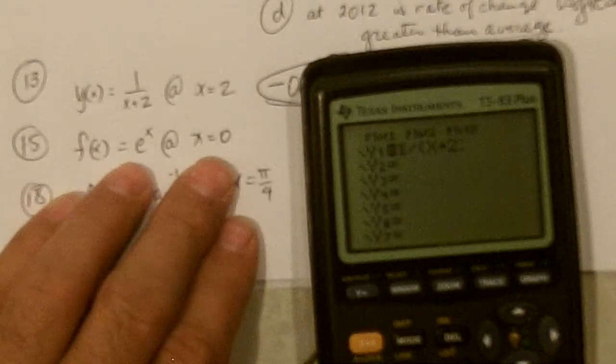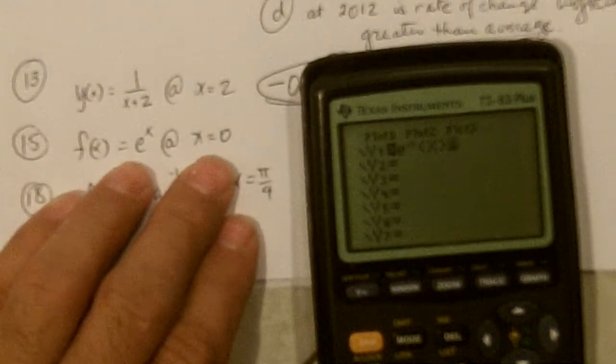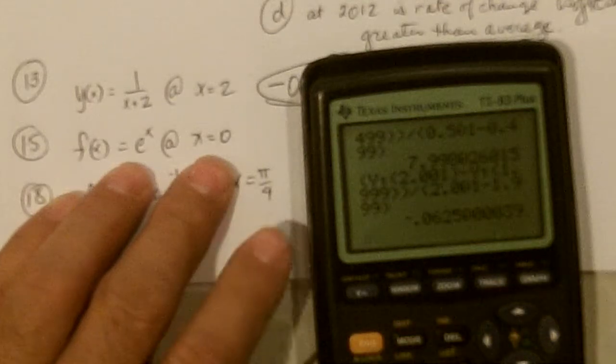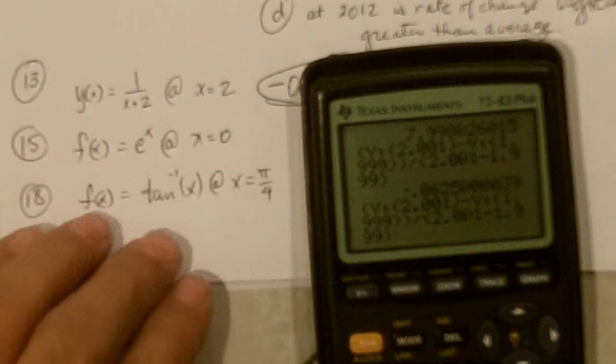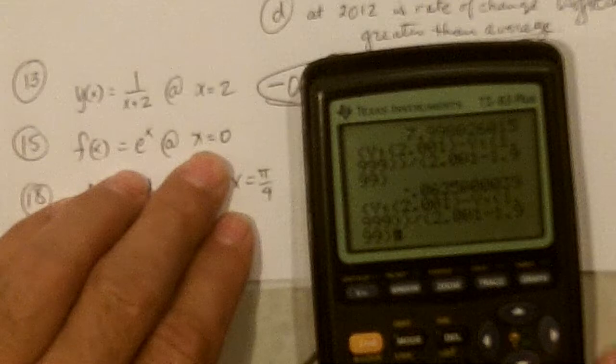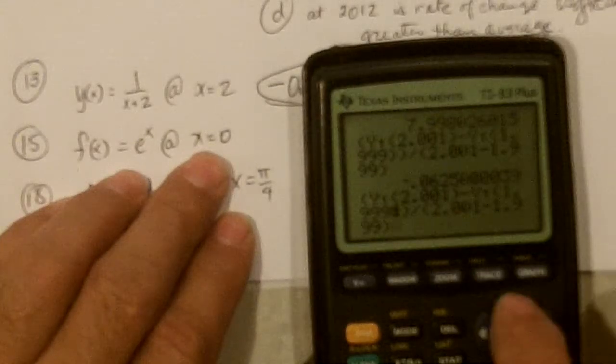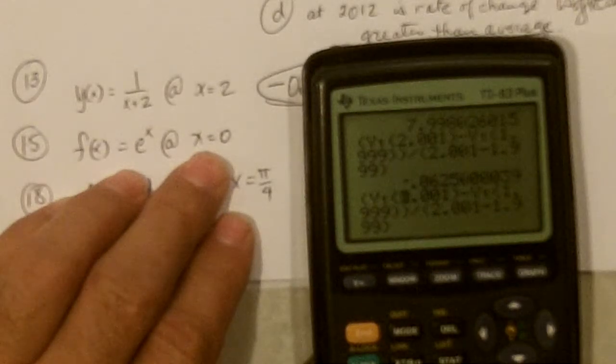So I go to y equals there, clear that, and put in e to the x. And then I'm going to go quit, bring back the equation, and I got to go either side of 0. So I'm going to go up here and do just past 0.